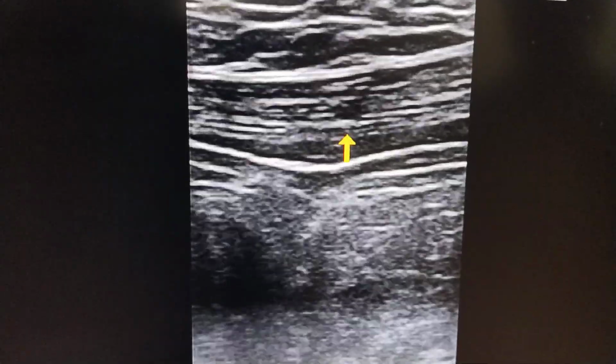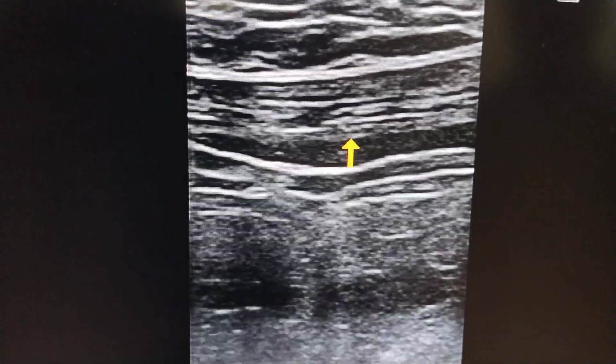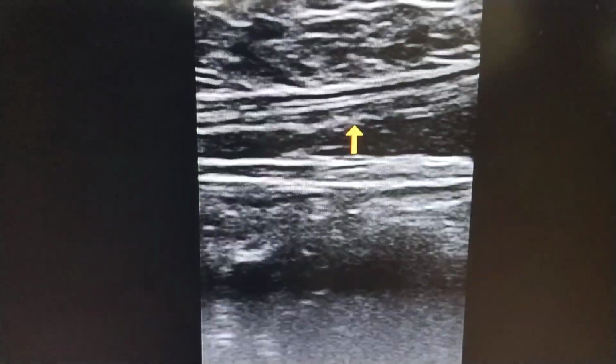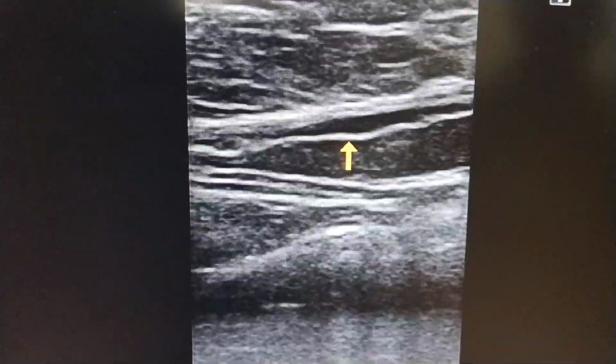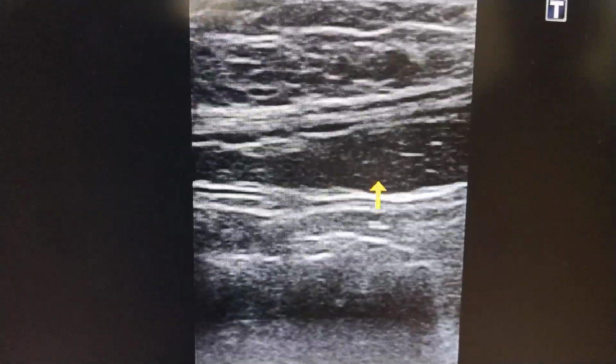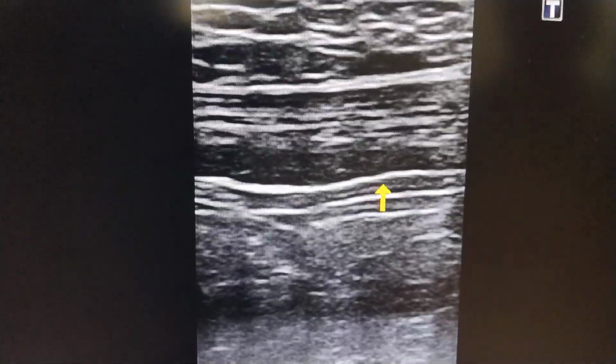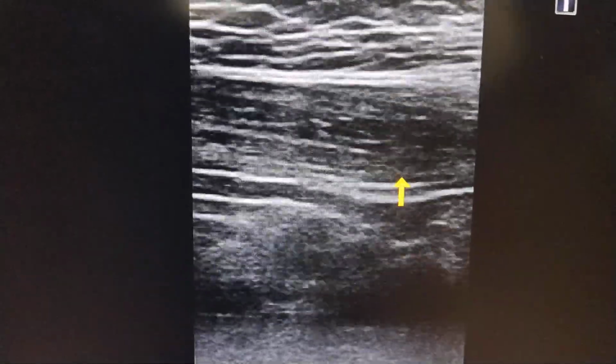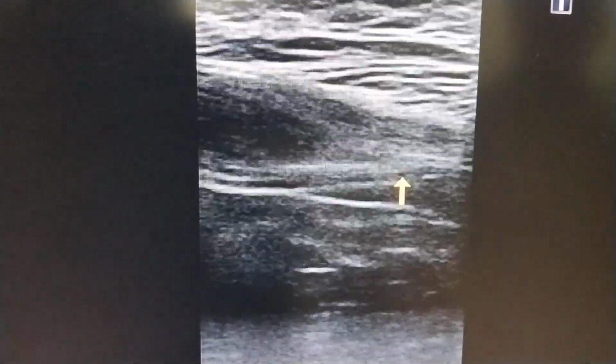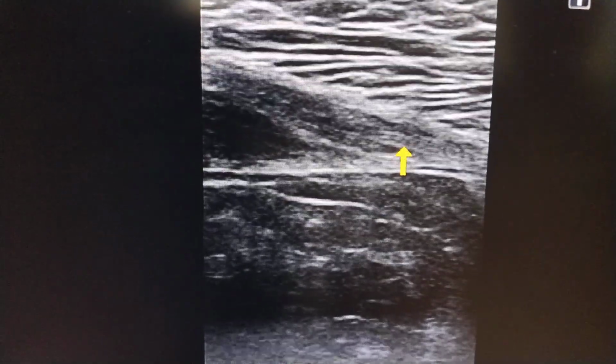So in the midline below the umbilicus is the rectus abdominis muscle. I am now going to follow this rectus abdominis downward. This is the rectus abdominis muscle.